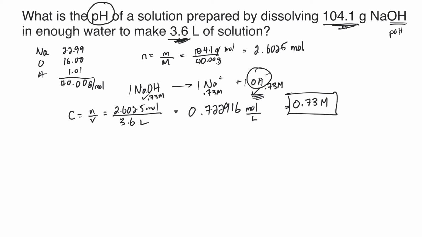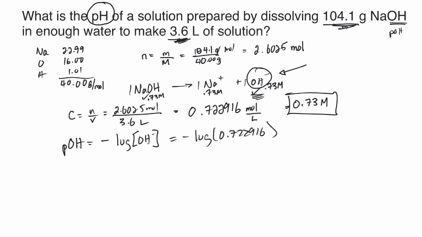So since I have hydroxide ion concentration, I'm going to use the pOH formula. So the pOH is negative log of the hydroxide ion concentration. So it's the negative log of 0.722916, etc. Okay, calculator. So I need to go negative log of the answer.